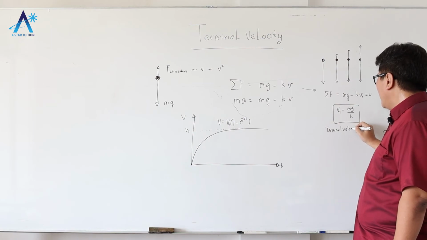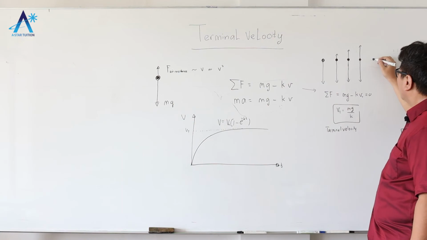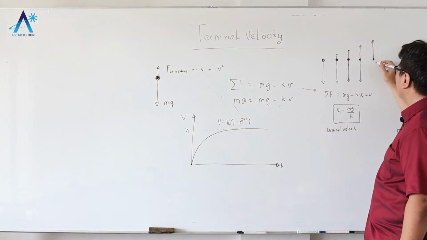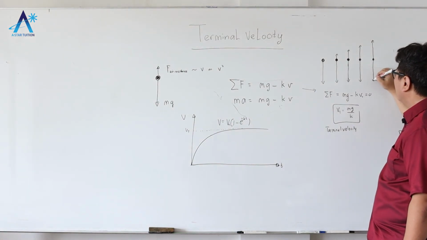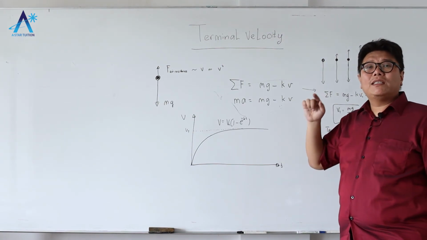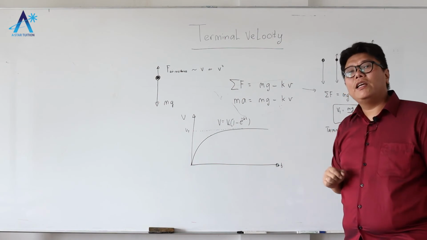Now why is there terminal velocity? Because remember, once the air resistance force has the same exact value as the weight, then the resultant force becomes 0. Remember, when the resultant force is 0, what is also 0? The acceleration.